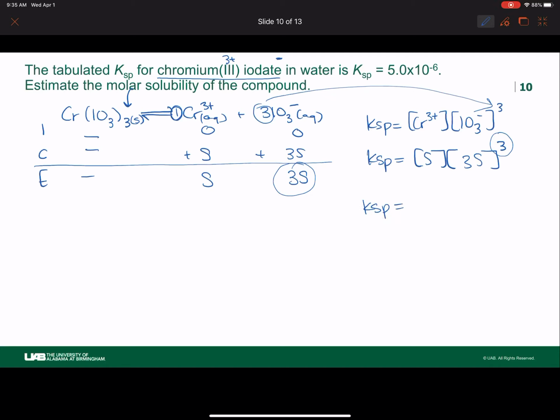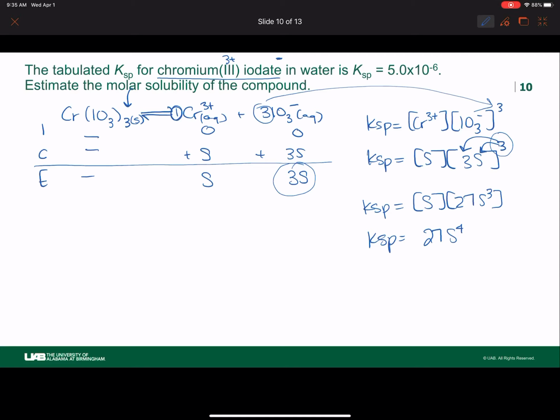And by together, I mean when I solve, I distribute that 3 out to both of those. And then I end up cubing the 3. And so that's 27. And I end up cubing the s. So it ends up being 27s cubed. Or to simplify it even further, 27s to the 4th power.